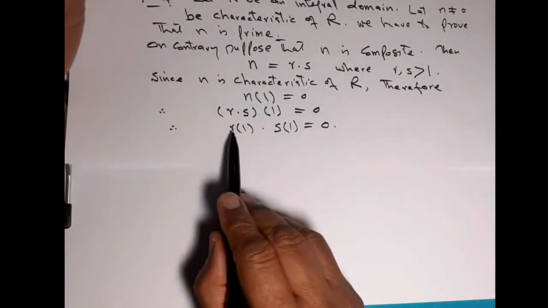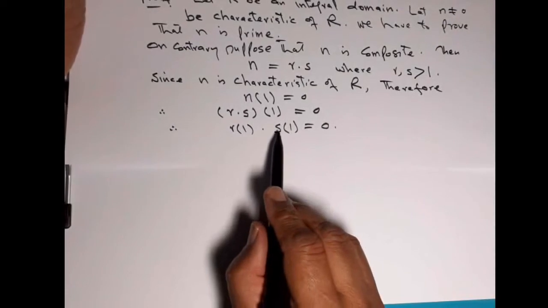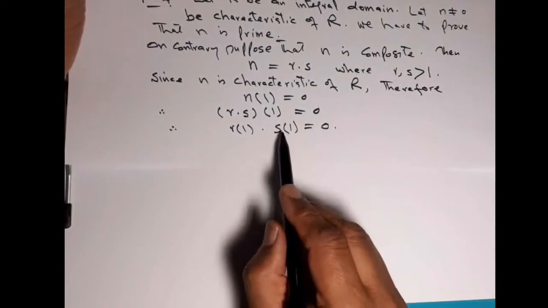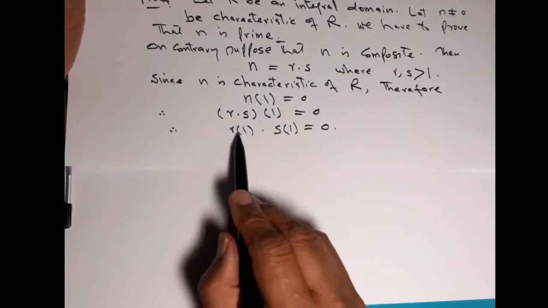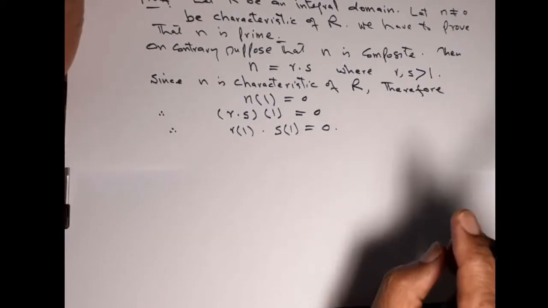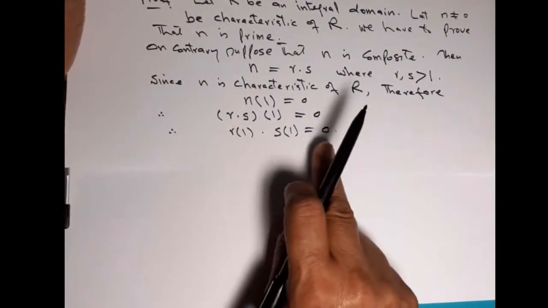So these two elements cannot both be non-zero. One of them has to be 0 in order to get 0.